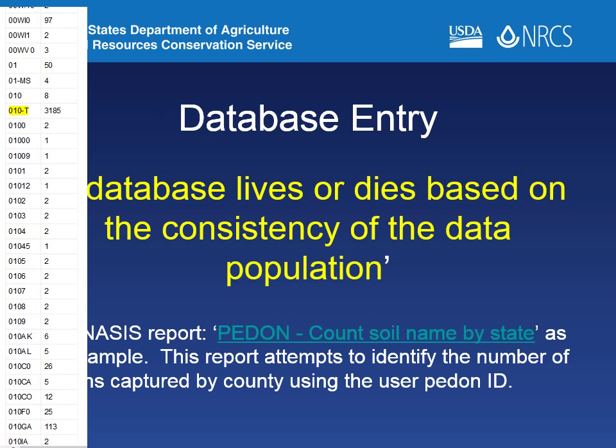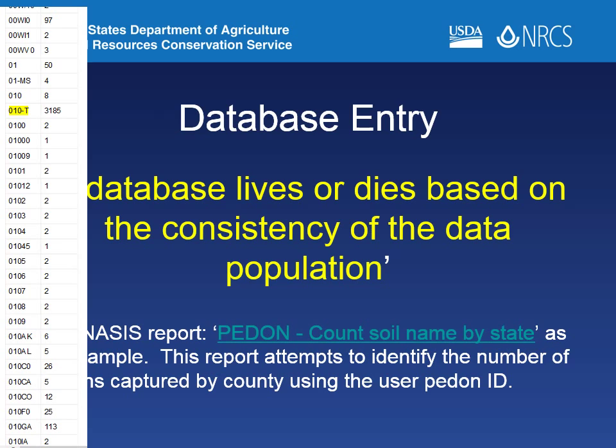It uses the 4-digit calendar year. It then uses the state code, the county FIPS code, and it is county, not survey area. And then we allow you 3 or 4 numbers after that to be able to identify the number of pedons that particular calendar year for that particular county.